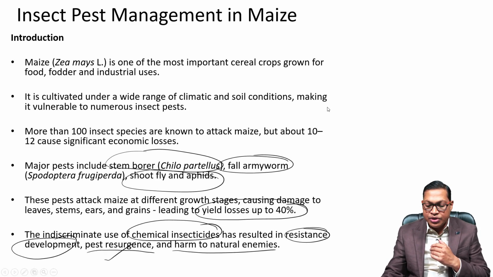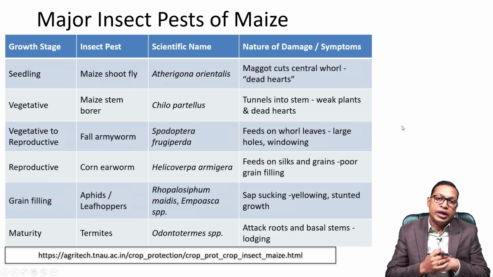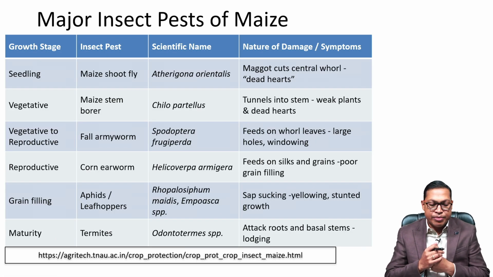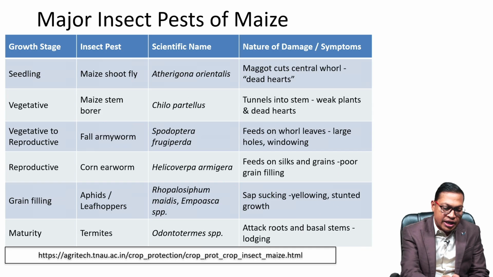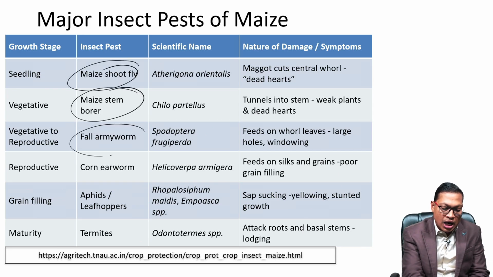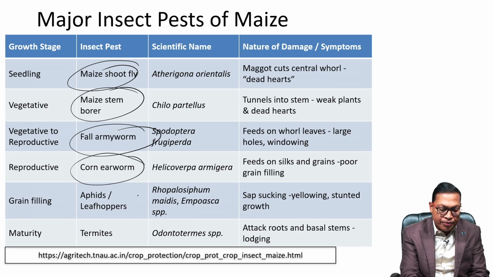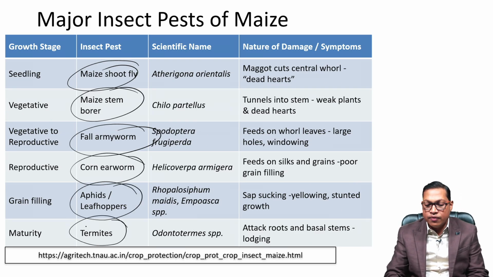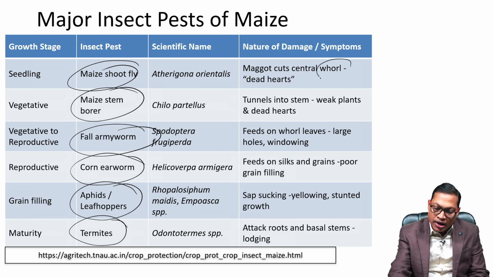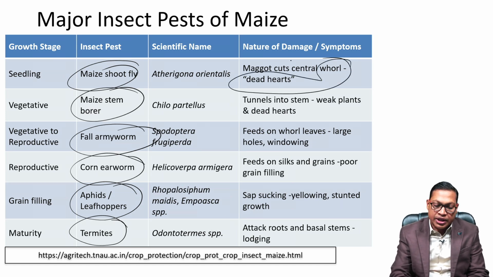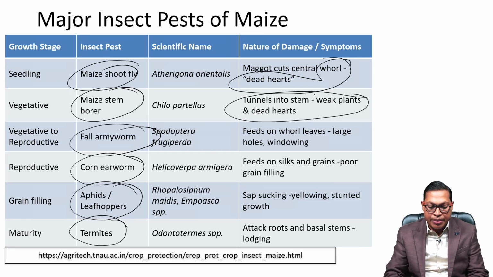So, in maize we will go for different types of IPM practices, integrated pest management. These are the major insect pests like maize shoot fly, maize stem borer, fall armyworm, corn earworm, aphids, leafhopper and termites. They cause different types of symptoms like whorl damage and dead heart in case of shoot fly, tunnelling into stems and weak plants or dead hearts in case of maize stem borer.